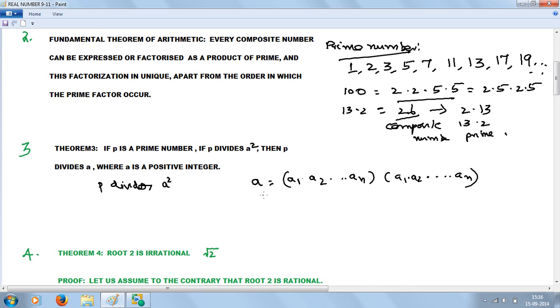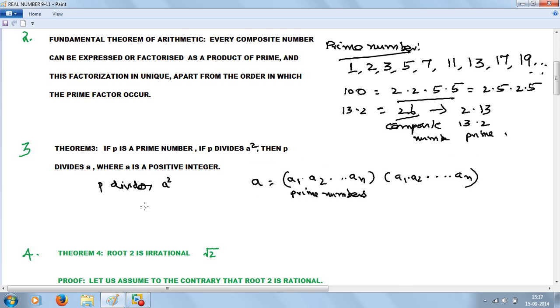So P divides a square. These are all prime numbers.